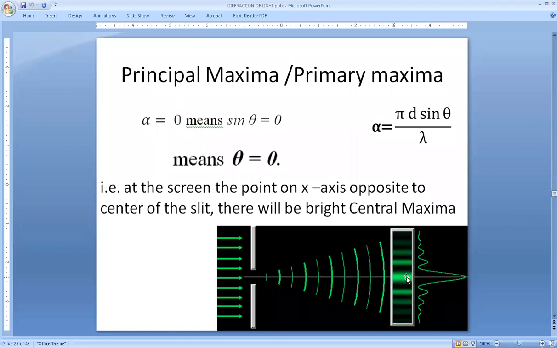This is the central maxima, and the wave-like pattern on the backside of this is representing the sin square alpha by alpha square graph. It clearly shows that it is going to have a peak like this. Of course, I'm going to plot this graph after calculating the minima also, but I'm just revealing that this point is representing the brightest intensity. So this value is a square, the highest peak intensity is a square. Okay, next slide.